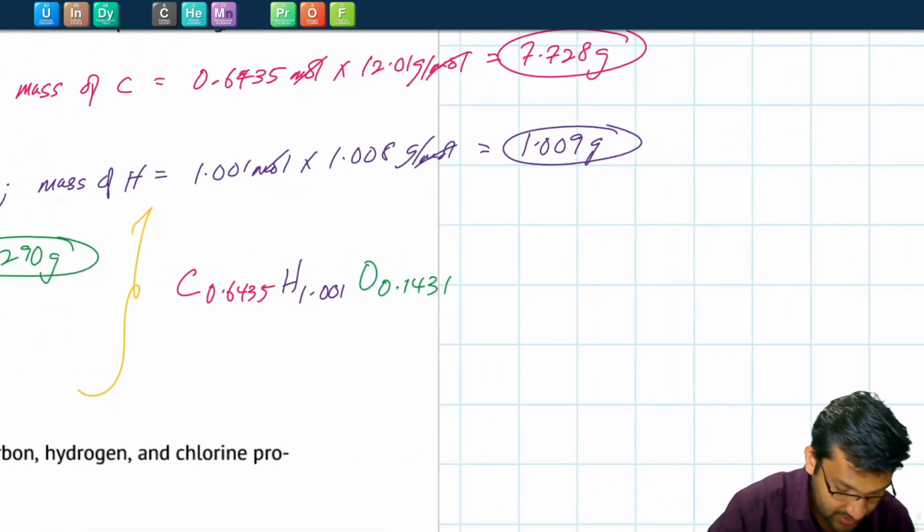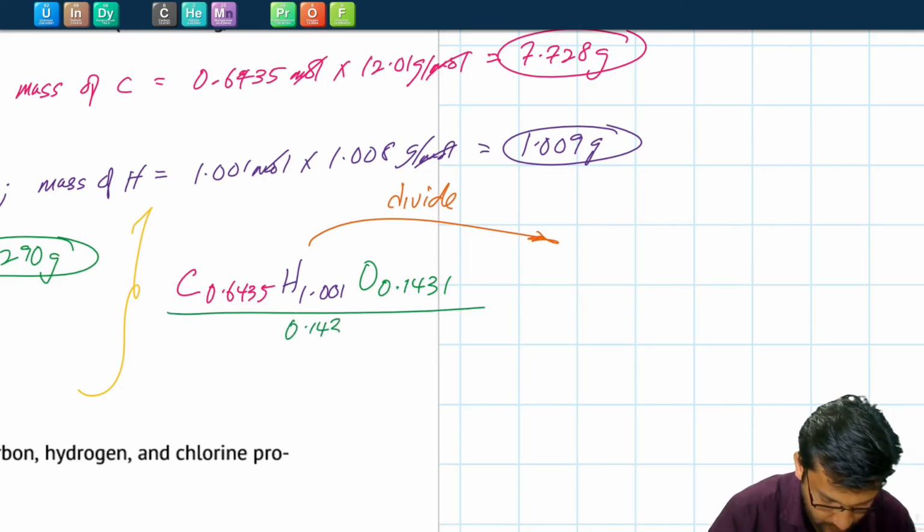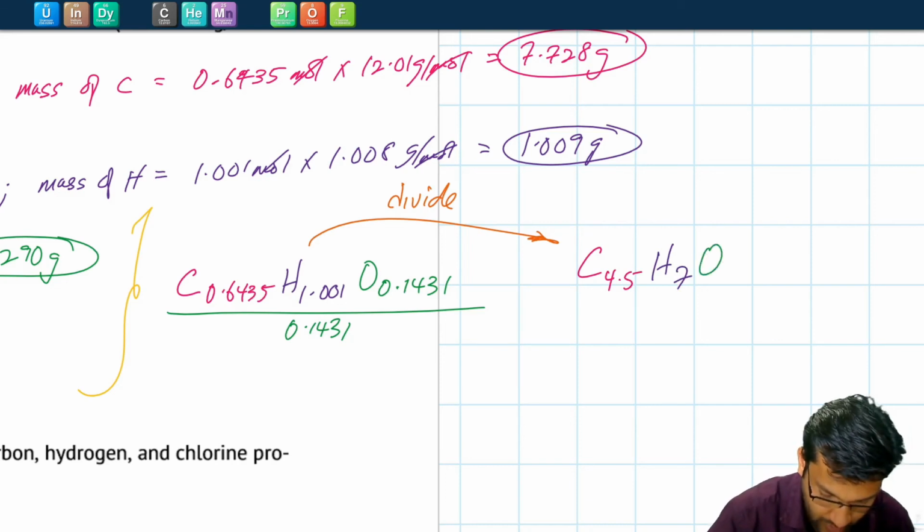Not whole numbers, so let's divide by the smallest number. In this case, the smallest number is 0.1431. So that gives us C, 4.5 approximately, H, 6.995, let's call that 7, and O, 1.